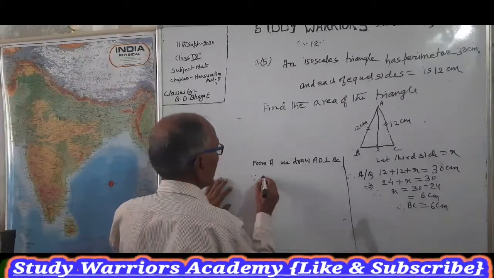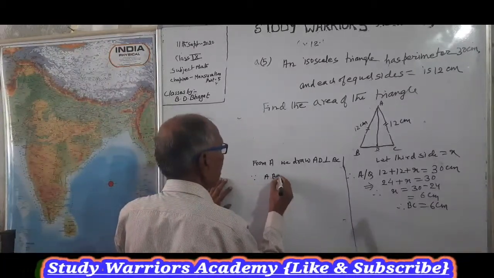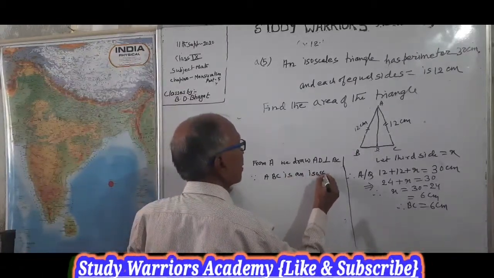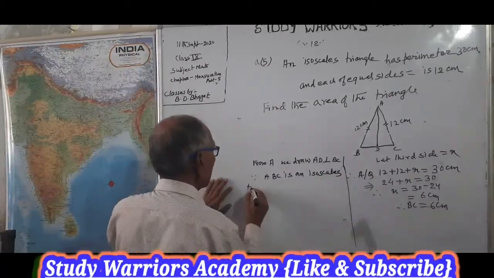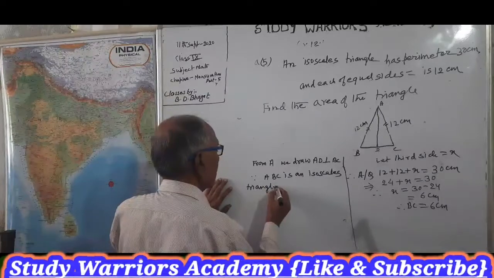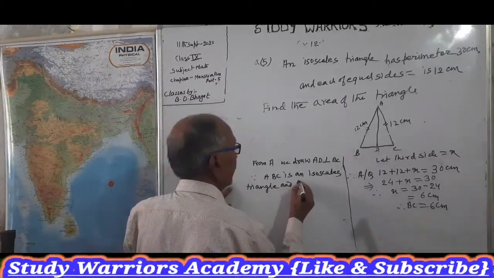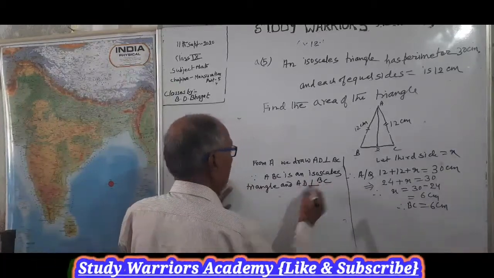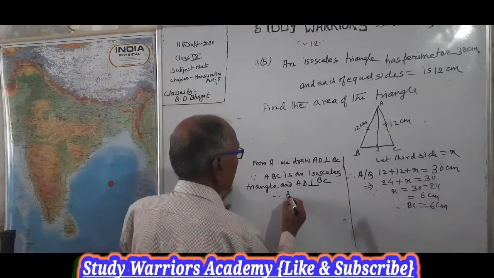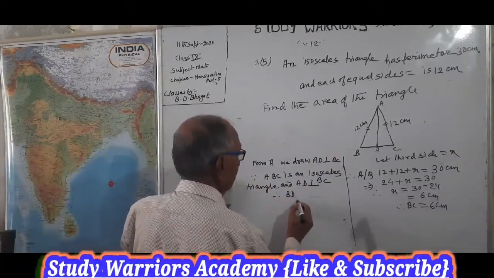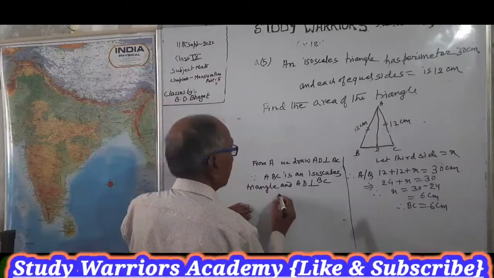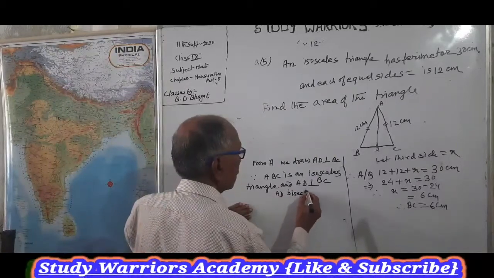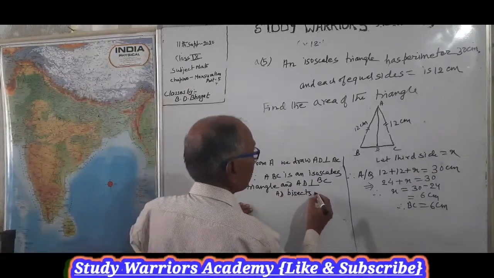Since ABC is an isosceles triangle, and AD is perpendicular to BC, therefore AD bisects BC.